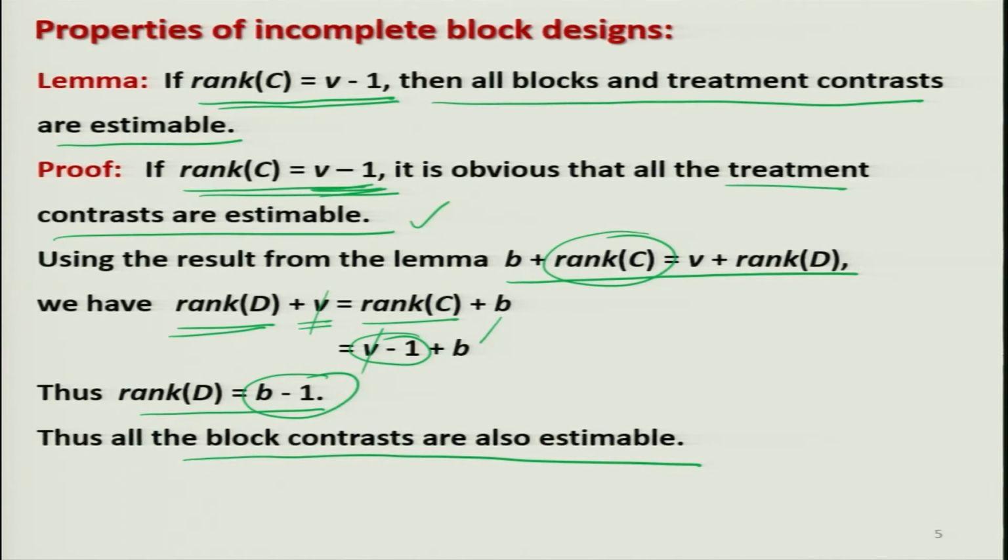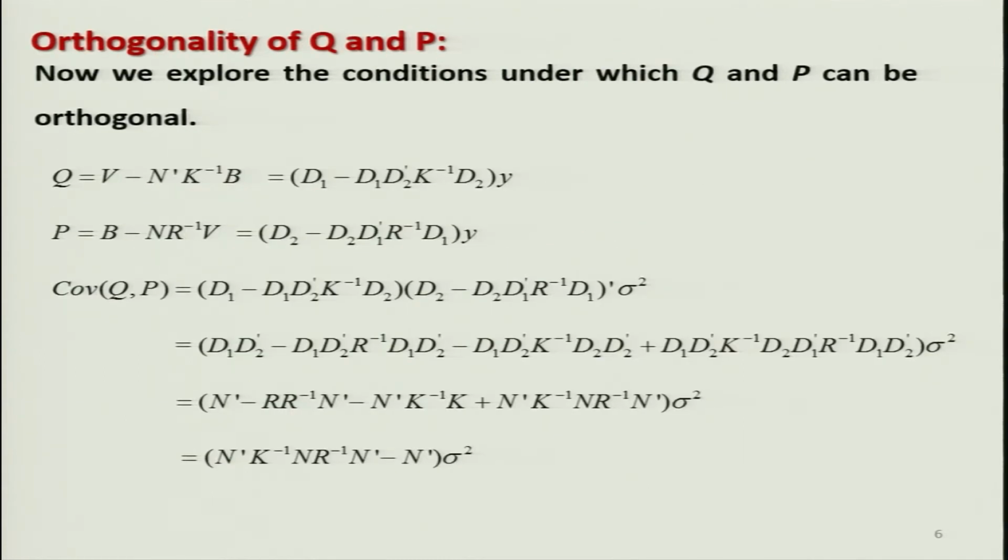And that is why we did not have the problem of estimability in the case of randomized block design, and we did not have to bother about the concepts of adjusted versus unadjusted sum of squares. But in general, in the case of incomplete block design, this is not happening. So, we have to introduce and understand these concepts, right.